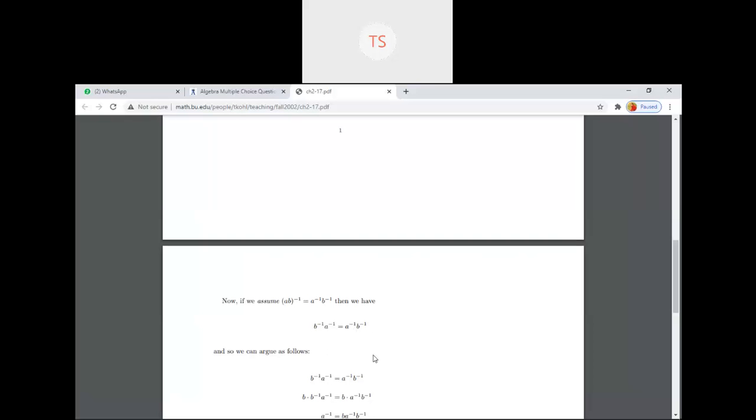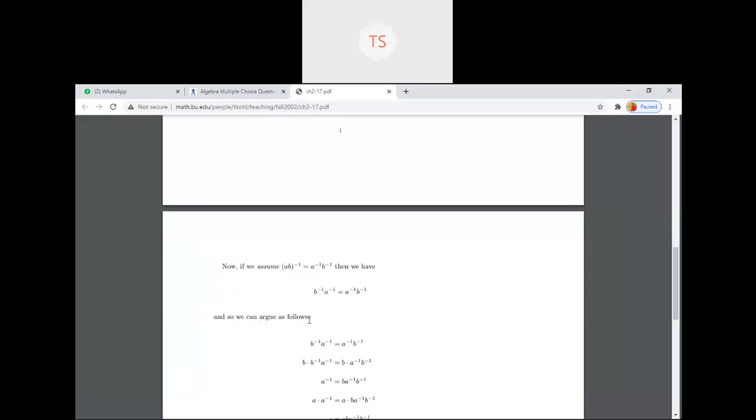Okay? And so we can argue as follows. With this line, for both sides I have multiplied b. So b into b inverse a inverse is equal to b into a inverse b inverse.